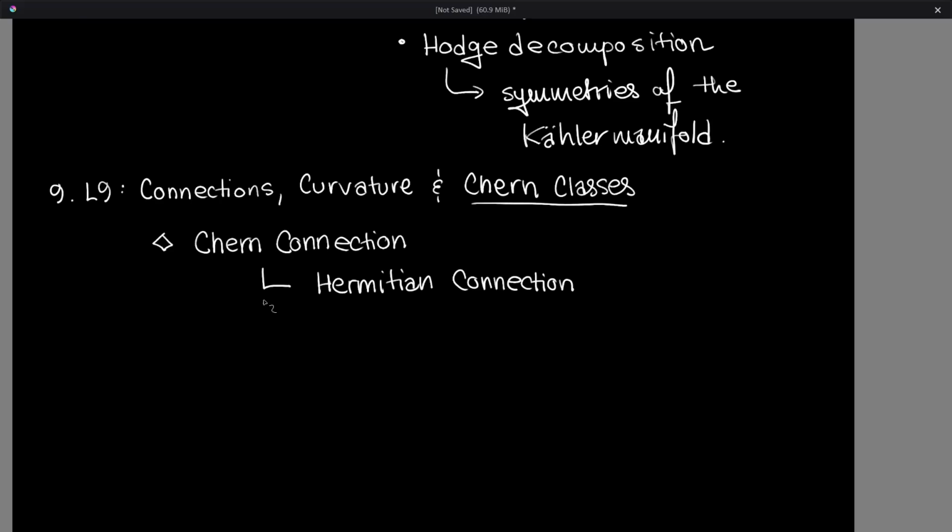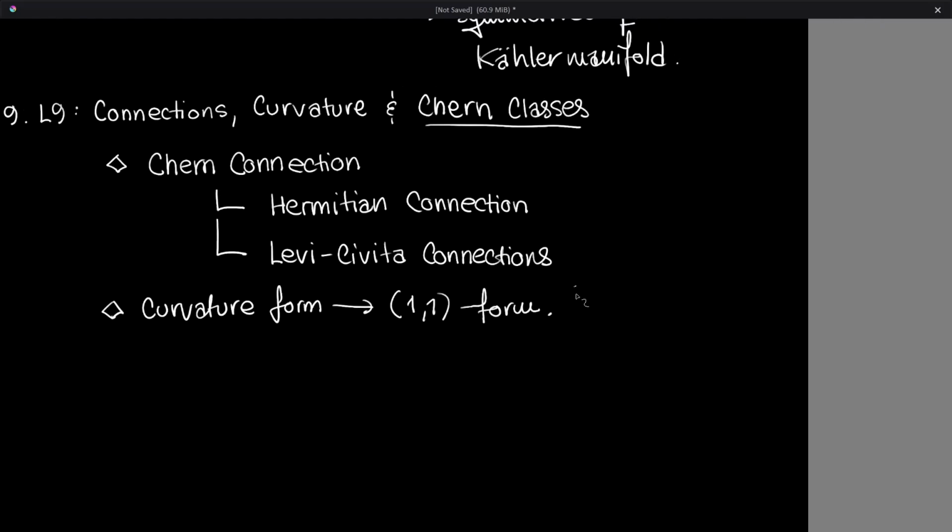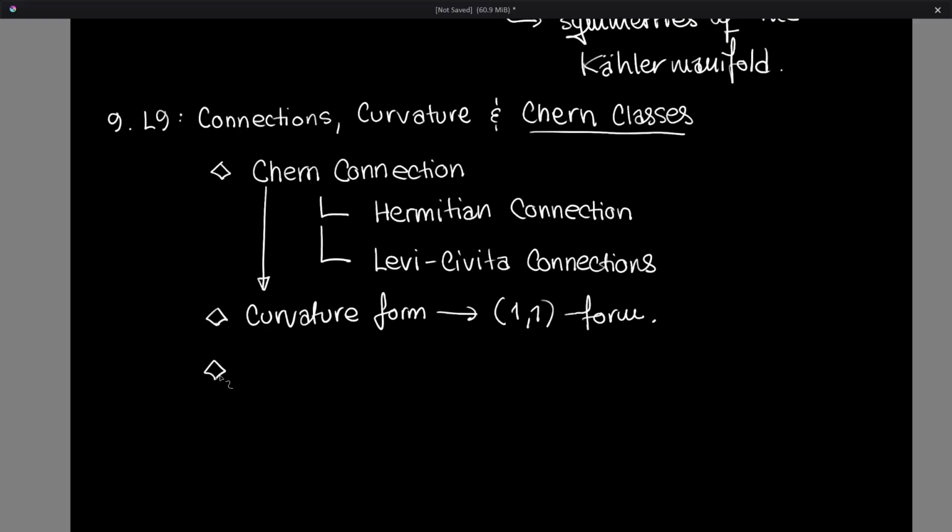We would also need to talk about Levi-Civita connections, and we needed to talk about the curvature form being a 1-1 form for this Chern connection. And then obviously we use the curvature form to define the Chern class. The Chern class has to do with the twisting of the vector bundle, and gave us a strong topological invariant.